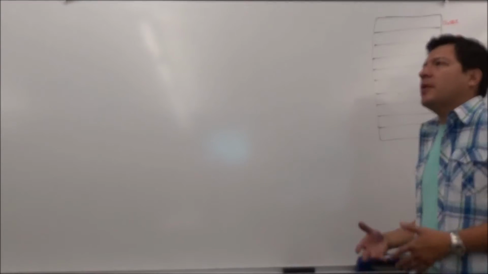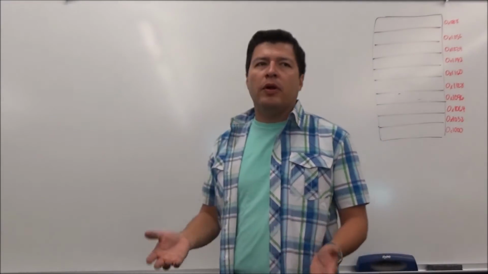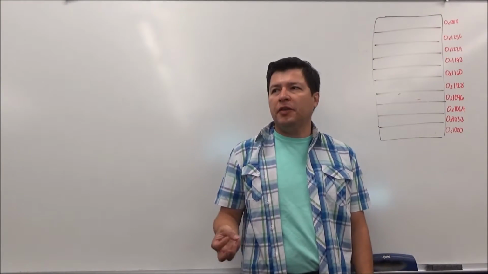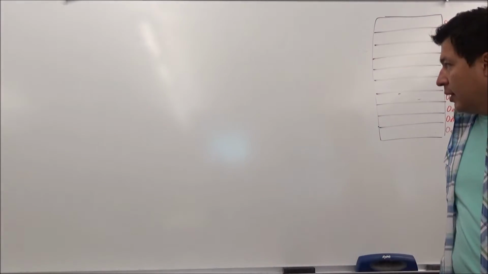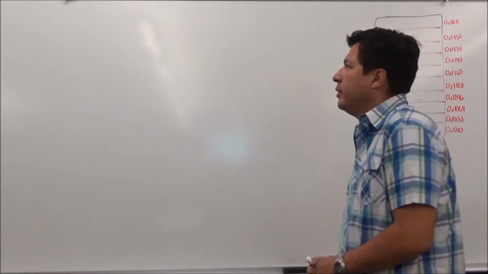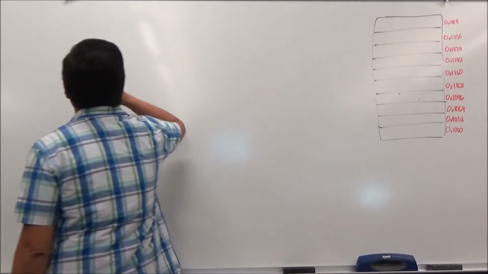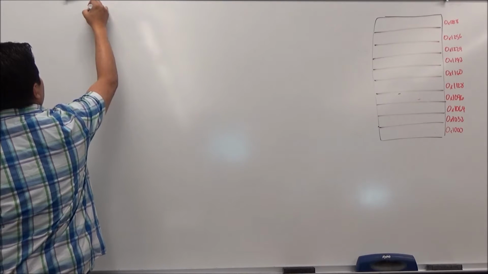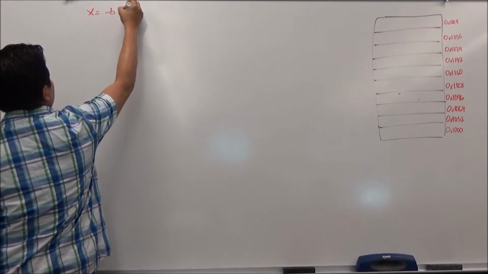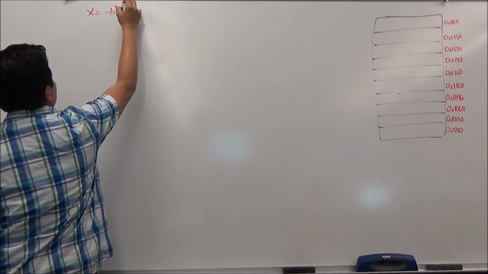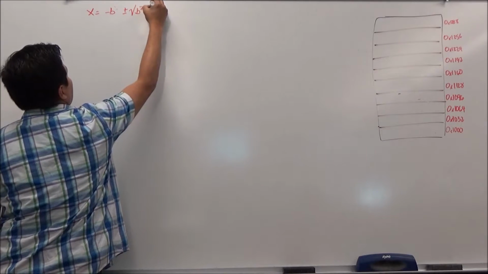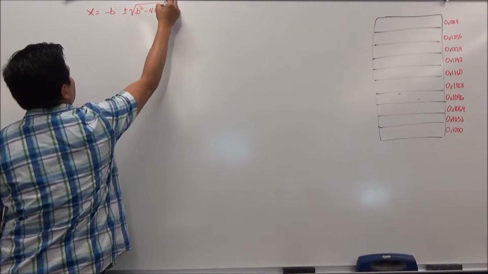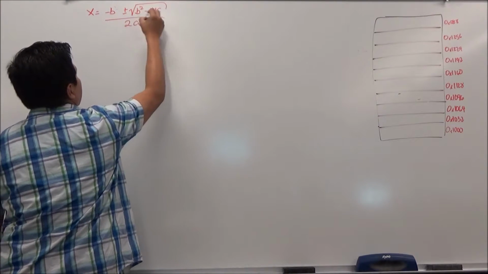So modular means we start making it into modules, breaking it down into smaller pieces, so it's easier to manage and easier to debug. So we have the quadratic formula, right? x equals minus b plus or minus the square root of b squared minus 4ac, over 2a.